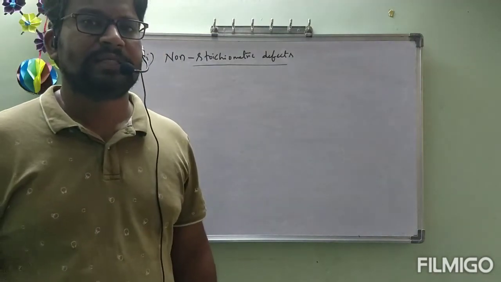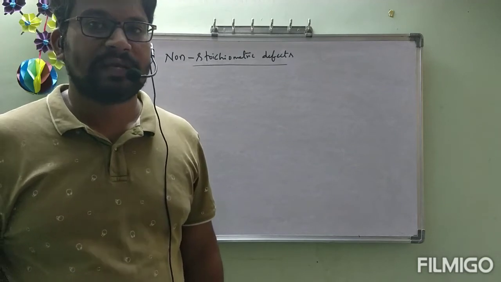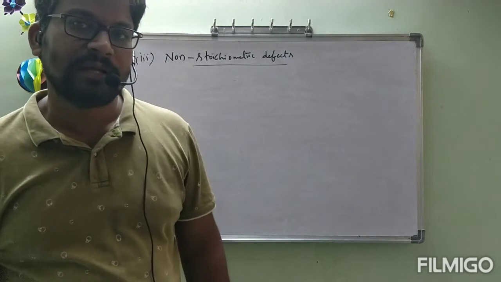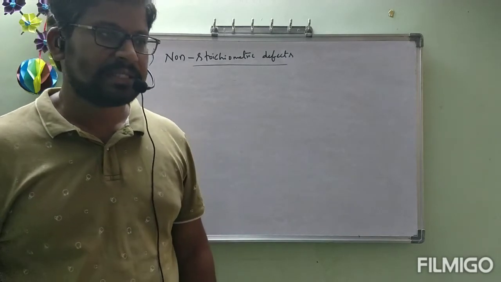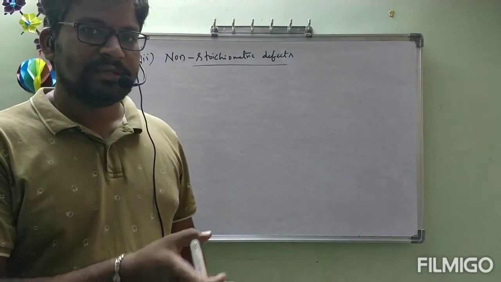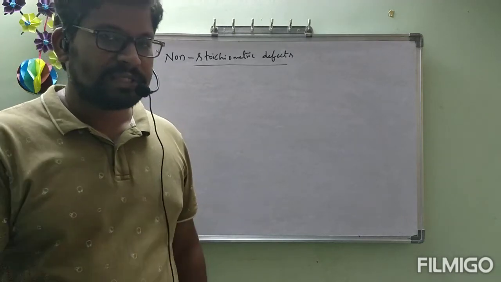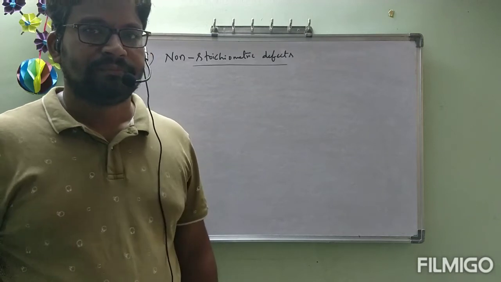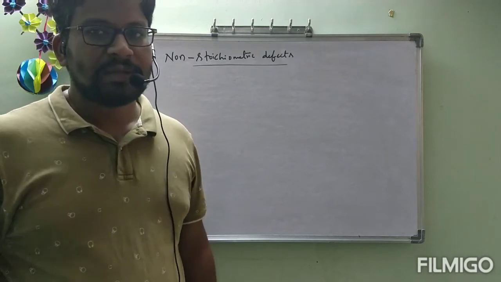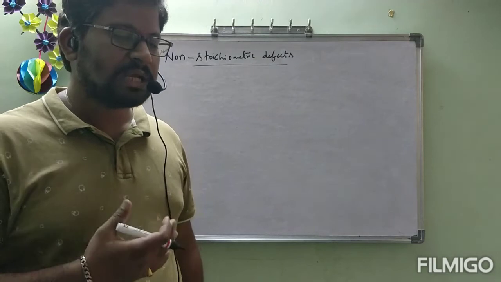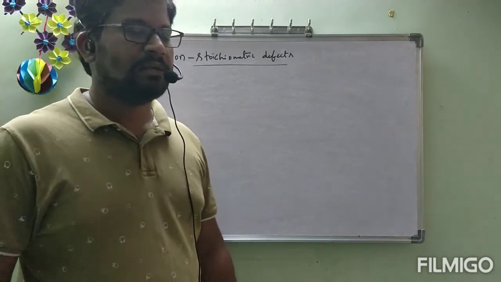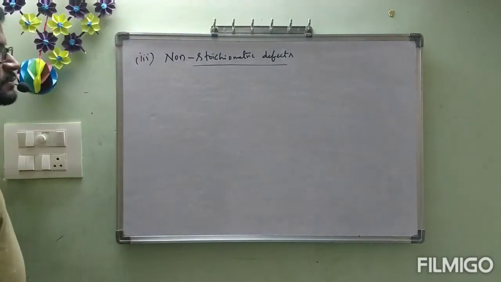Because of these defects, the formula is going to be affected. That means the number of cations and the number of anions will not be the same after this defect. If they are the same, they will follow stoichiometry. Here in non-stoichiometric defects, they will not be the same. Then what are the different types of non-stoichiometric defects? Let us see.